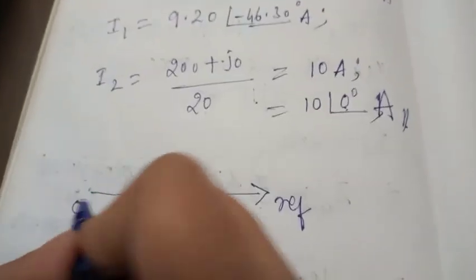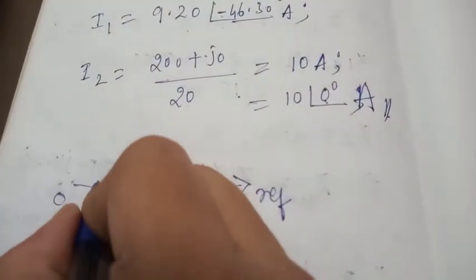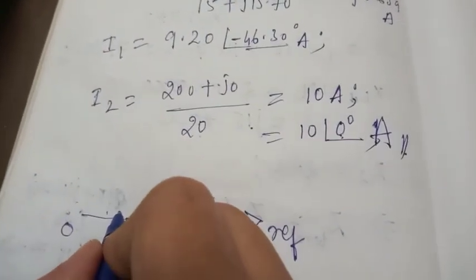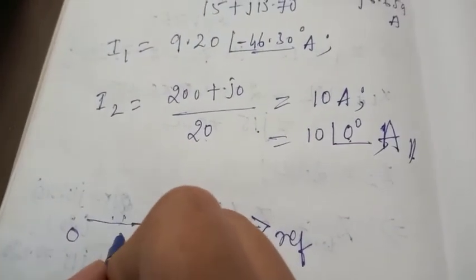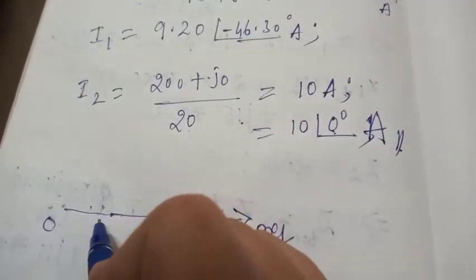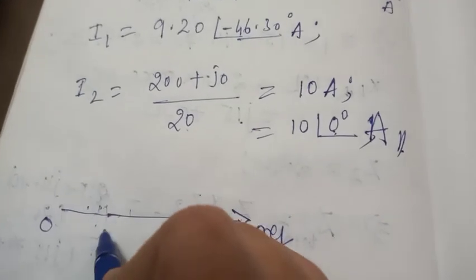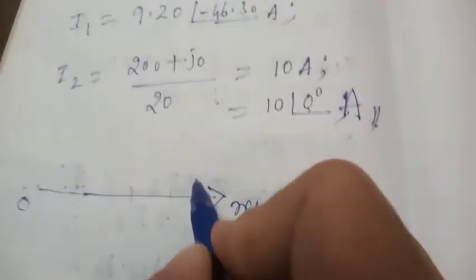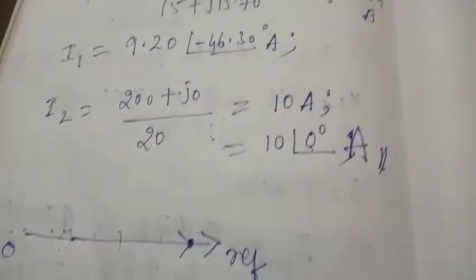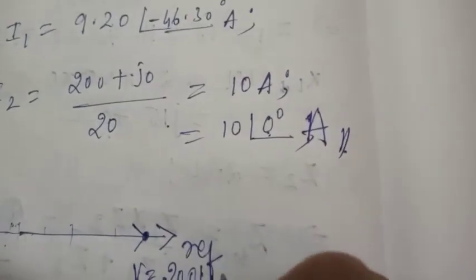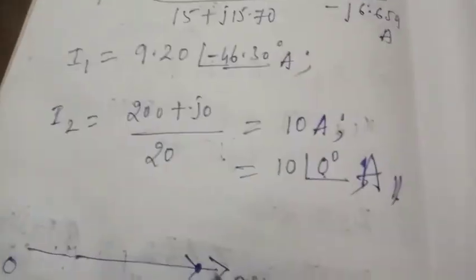I will mark this as O. If I take a scale of 50, 100, 150, 200, it will come around for a scale of 100. This is V equal to 200 at an angle of 0 degrees. Now this is the reference.